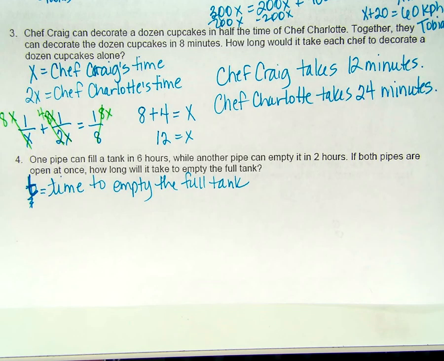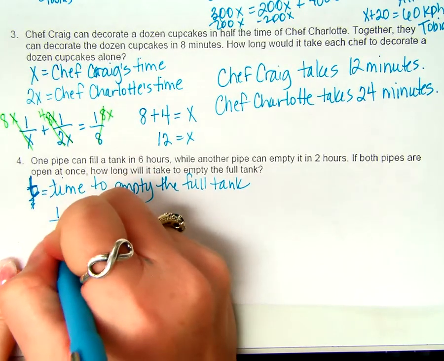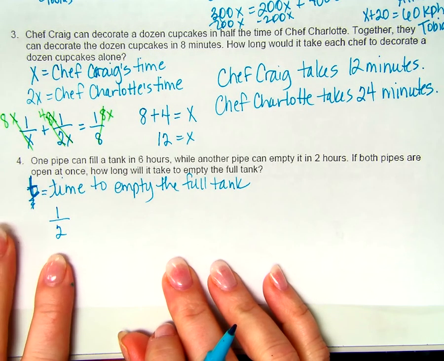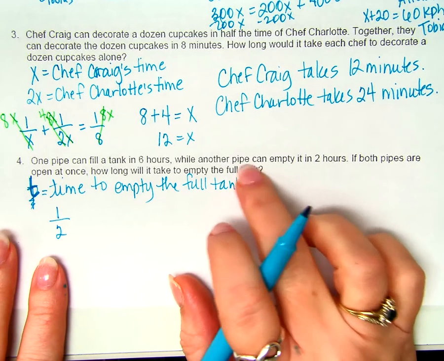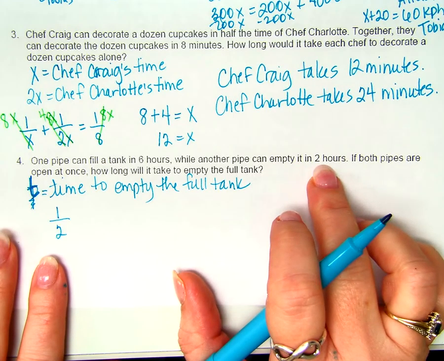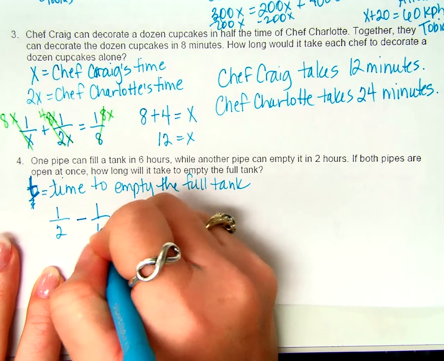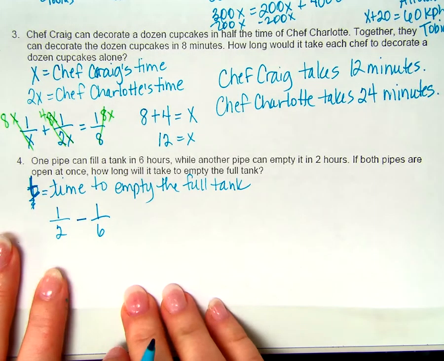So, if we say 1/2, which is the time to empty the tank, partly empty the tank, right? Another pipe can empty it in 2 hours. And we subtract 1/6, which is how long it takes one pipe to fill it.